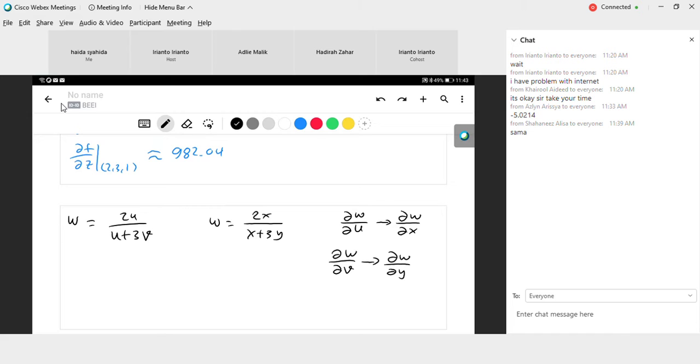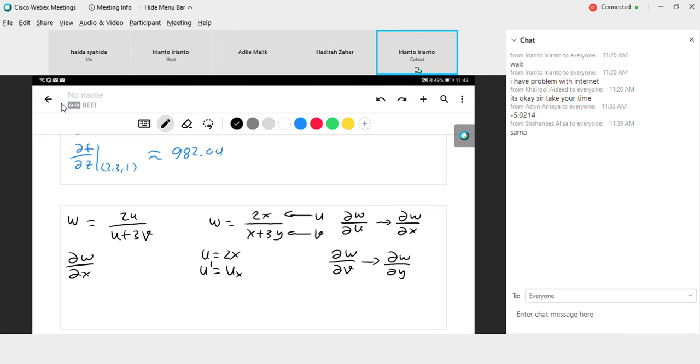Okay, now we want to differentiate. The first one is the partial derivative of w with respect to x. If you see here, for the numerator we have x, for the denominator we also have x, so this kind of thing we need to do the quotient rule. The first one you consider as u, the denominator consider as v. So u equals 2x. U prime for this case is u differentiated with respect to x, because we want to differentiate with respect to x here.